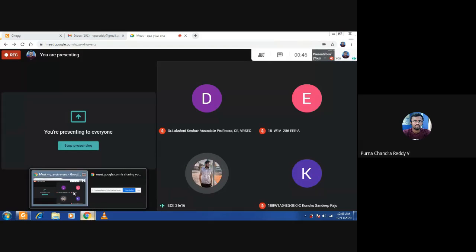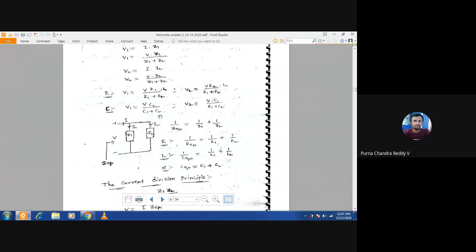When you apply KCL at this junction, this is the entering current, minus I, and these two are leaving currents. That's why minus I plus I1 plus I2 is equal to 0. So I is equal to I1 plus I2.